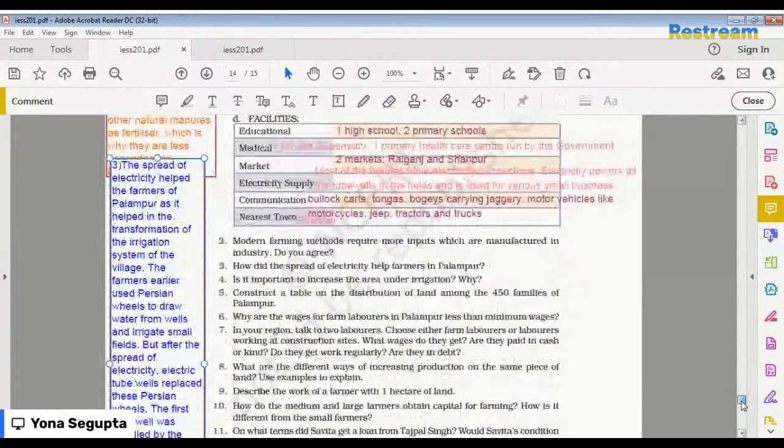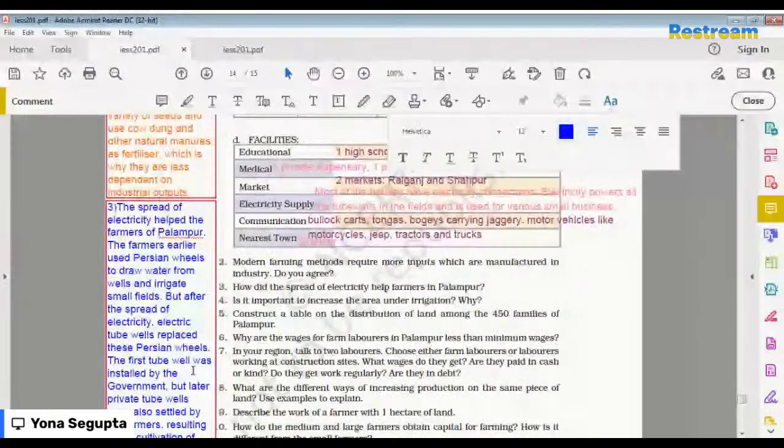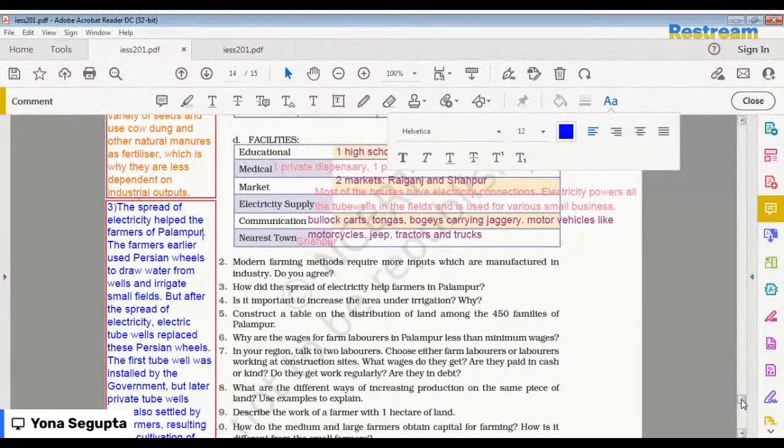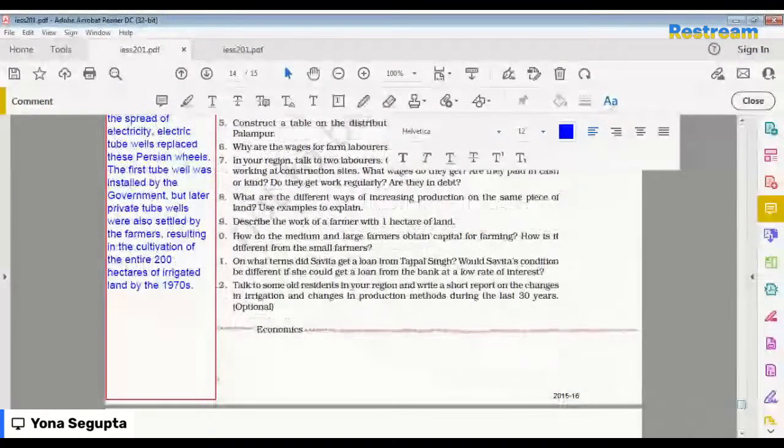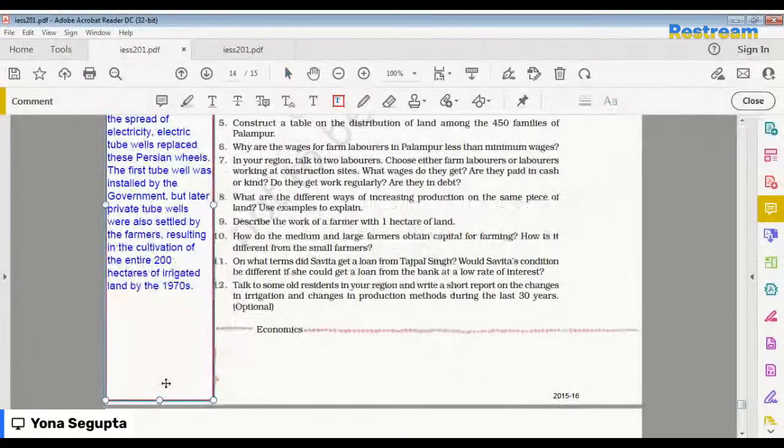Till this part you can write: the farmers earlier used Persian wheels to draw water from wells and irrigate small fields. But after the spread of electricity, this was replaced.